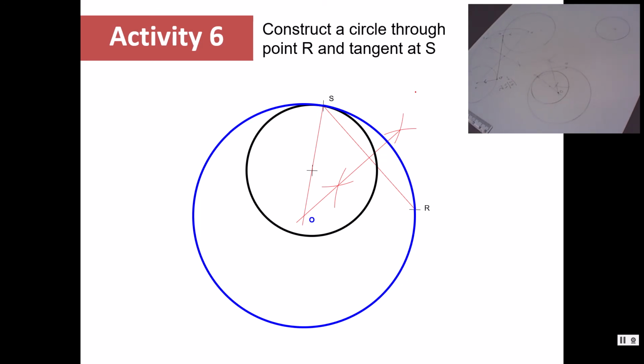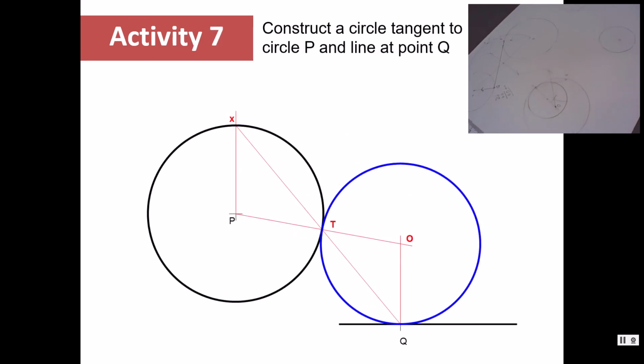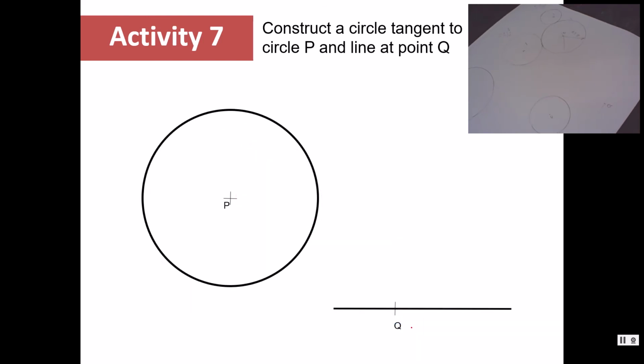So we move to the next activity, which is activity 7. For activity 7, construct a circle tangent to circle P and line at Q point. So we want to construct this circle that is going to touch a tangent from this circle and also point Q. So we have the circle and the line with point Q here.